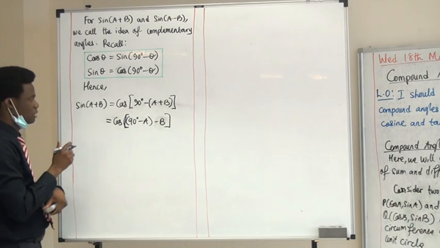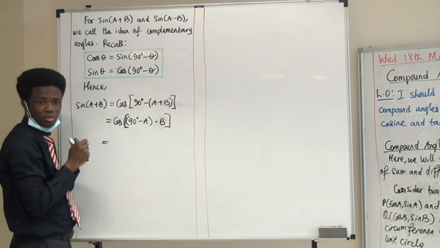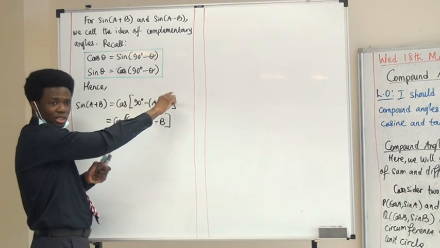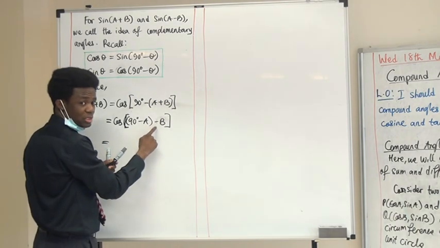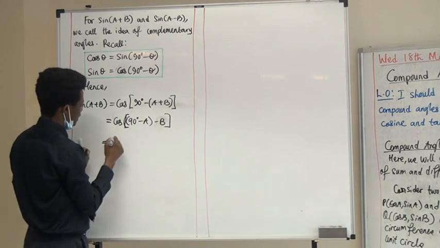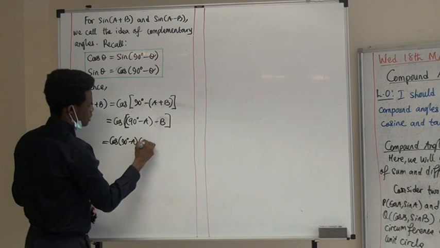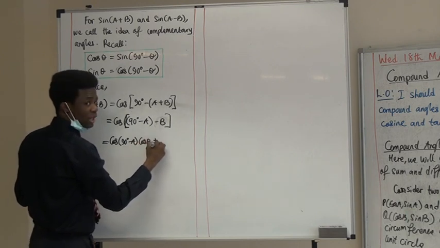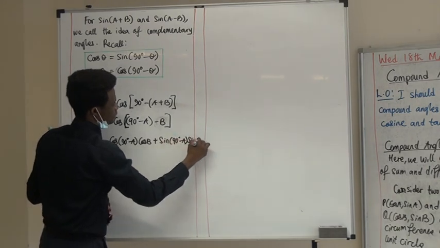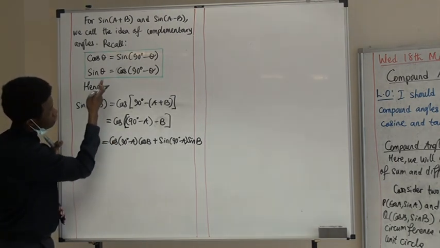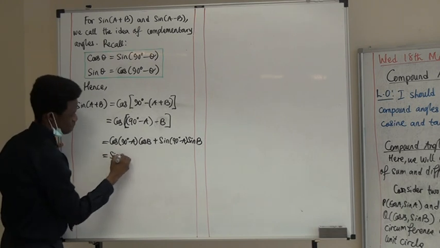So now I don't have the same A plus B anymore. Do you understand what I was afraid of by not using it directly from here? So if I use the compound angle for minus in cos, it's going to be cos of 90 minus A times cos B, plus sine of 90 minus A times sine B. Cos of 90 minus A is what? Sine A.